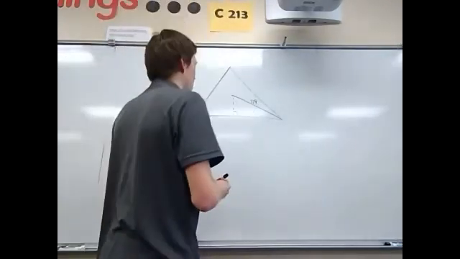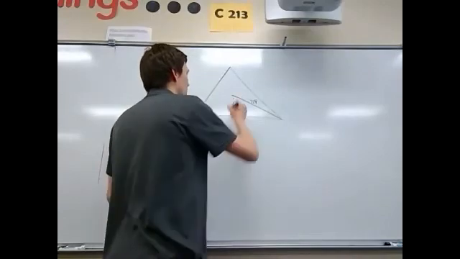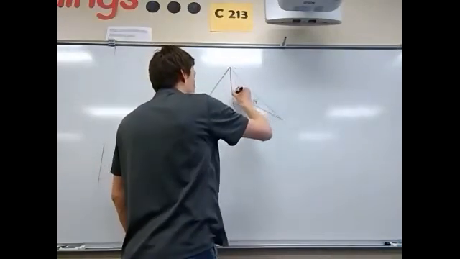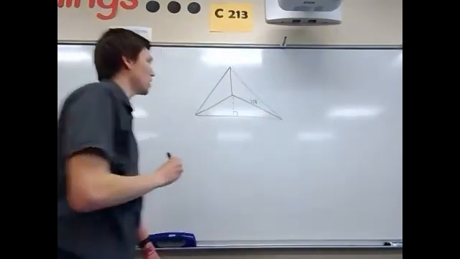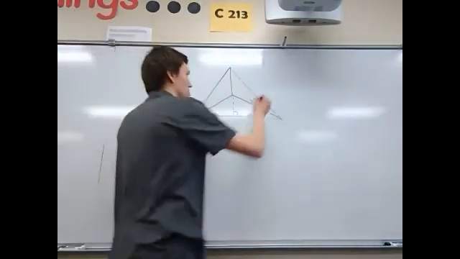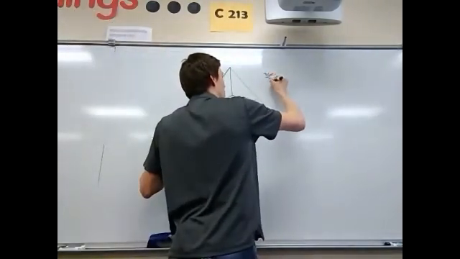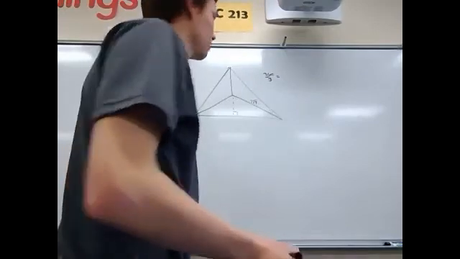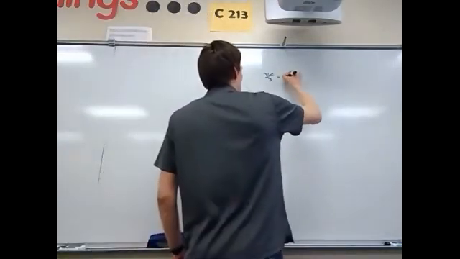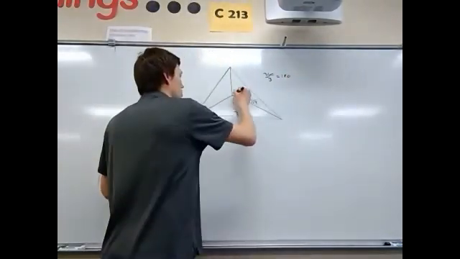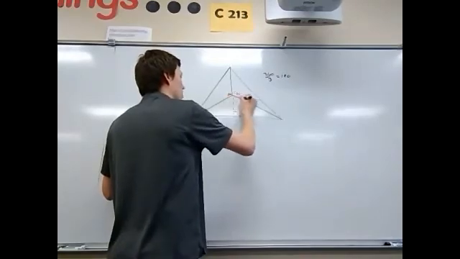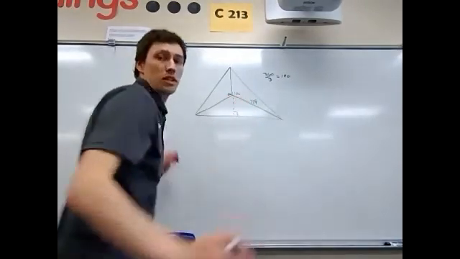Okay, so if it's a triangle, again, we split this into 3 equal triangles. 360 divided by 3. Notice that's always your first step. Is 120.